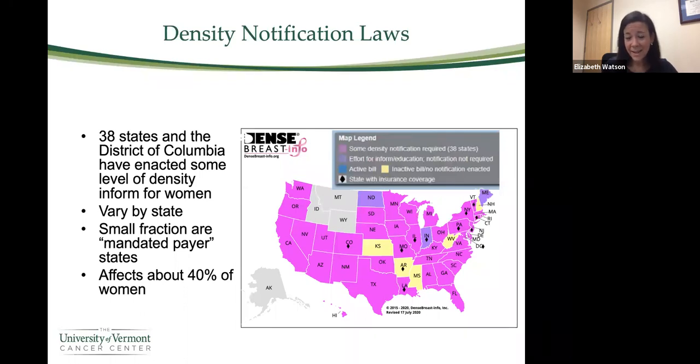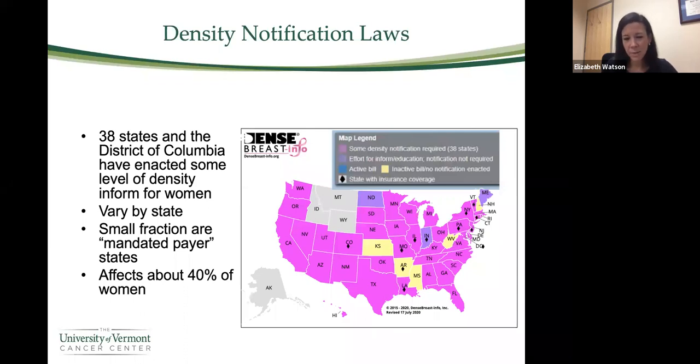But you can see that it's very widespread. There's 38 states and the District of Columbia that now have this legislation that really was not in place before Nancy Cappello, before 2009. There are also a small fraction of states throughout the country that have employed some sort of legislation regarding insurance coverage. So obviously that is a major player here. There's lots of women out there that might say, great, an ultrasound may help me, but it's expensive. And so we need help from the insurance companies.